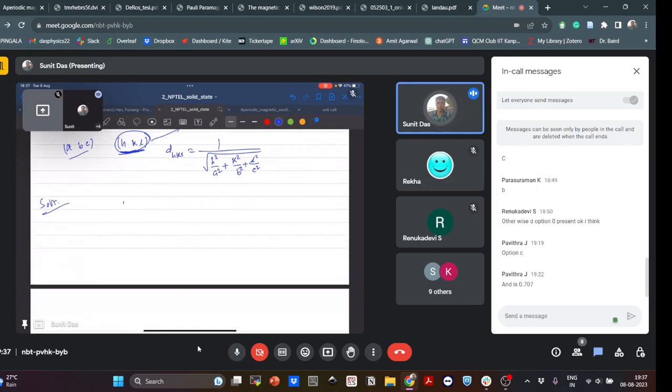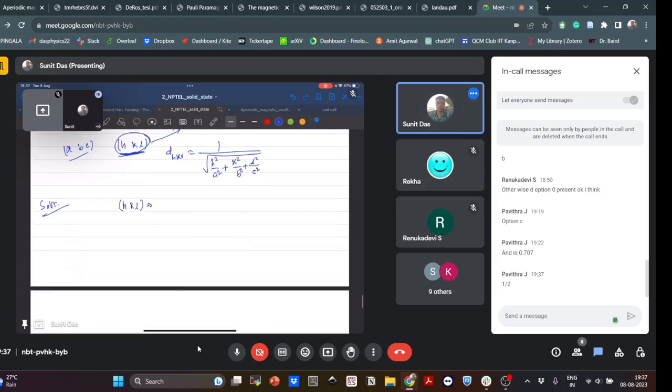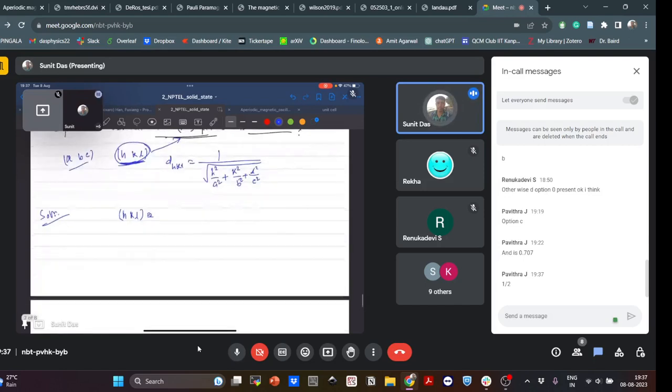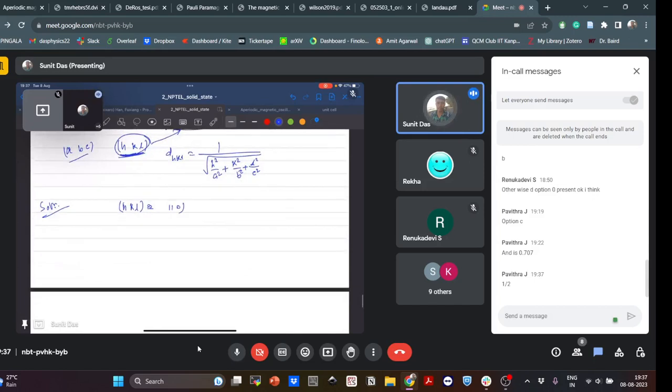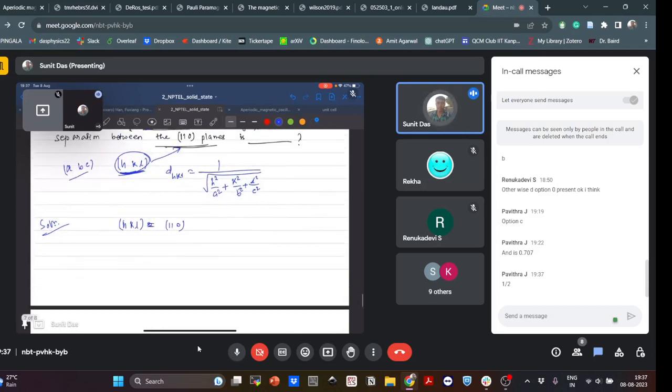So given hkl, in our case, is the 110 plane. We need to find the interplanar separation between 110 planes.